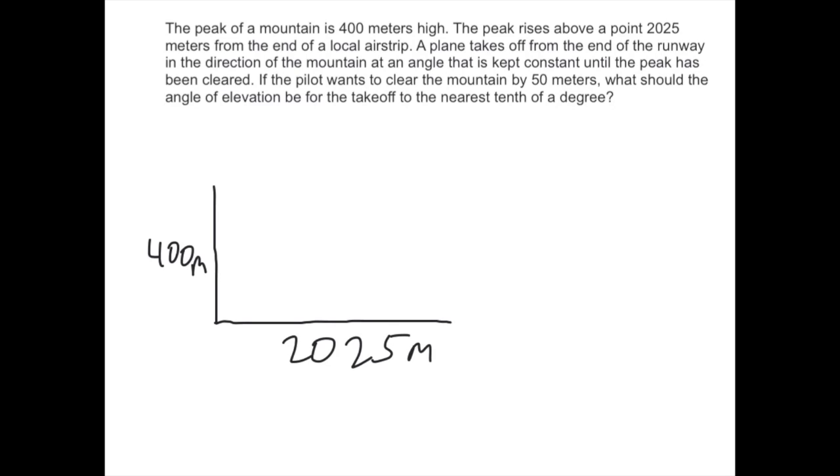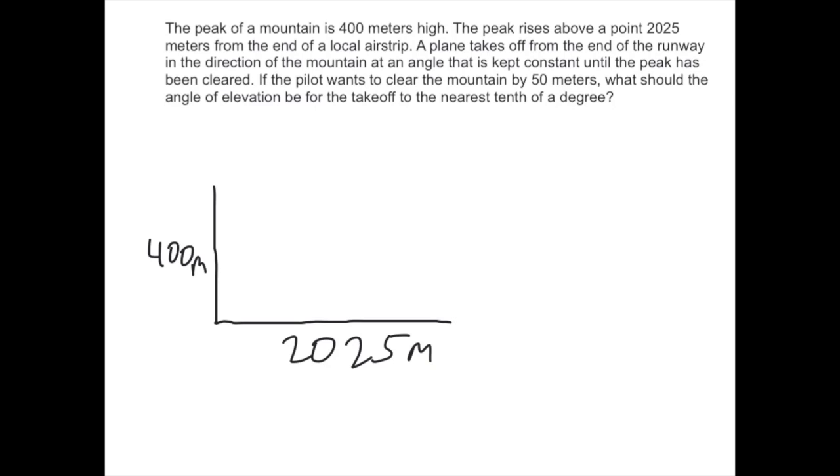So, let's say we've got our mountain, and it's 400 meters. Then the peak rises above a point 2,025 meters from the end of a local airstrip. So the length here is 2,025 meters.